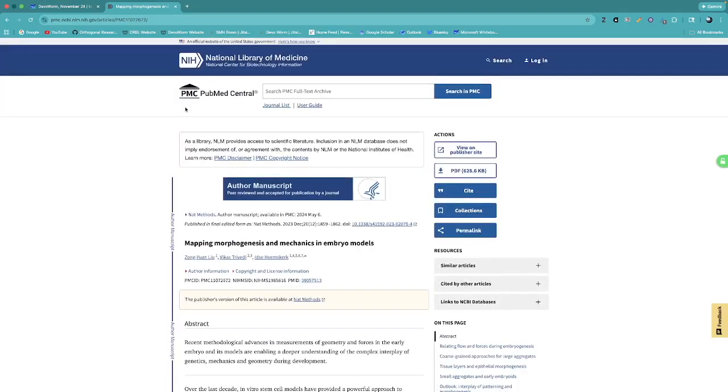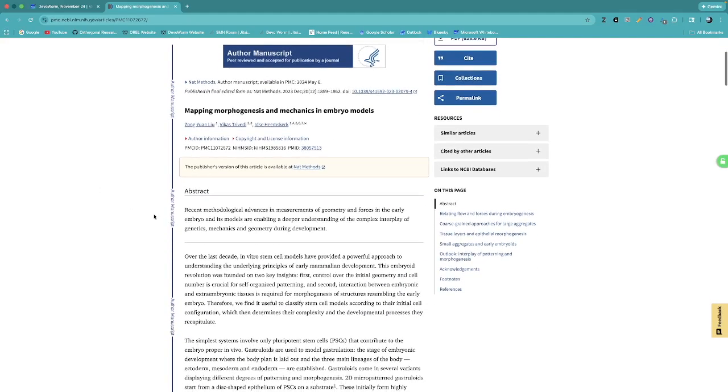Okay, now there's this paper I found in Nature Methods. It kind of ties this together in terms of embryo models. So this is mapping morphogenesis and mechanics in embryo models. And this is from a group that is interested in physical forces, embryos, and they even get into organoids and things like that.